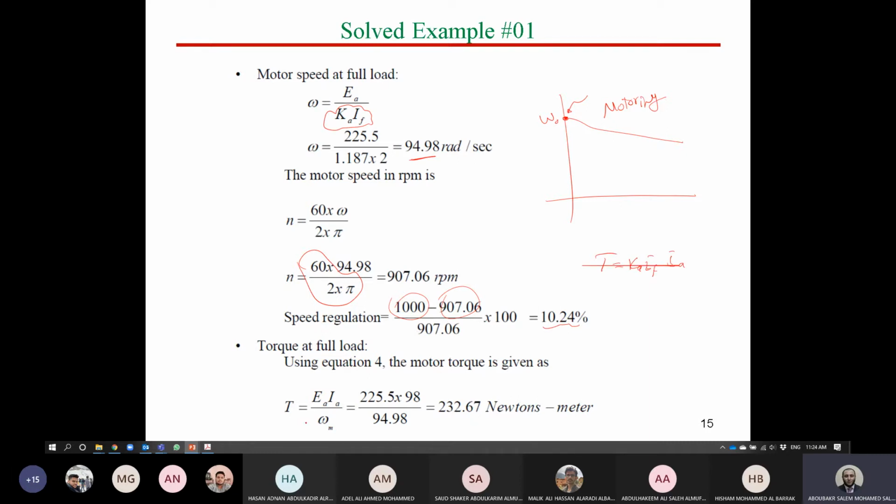It's the same, شباب, because if you divide E over omega, it will give you the value of KAIF, which we already calculated before. Okay, so this is another way, and it will give you the same number. So this is here the amount of developed torque of the motor. طبعا there is no discussion about rotational loss, so we can consider this also as output torque.